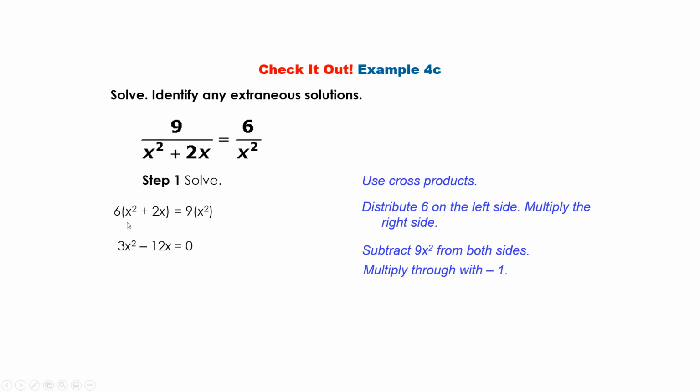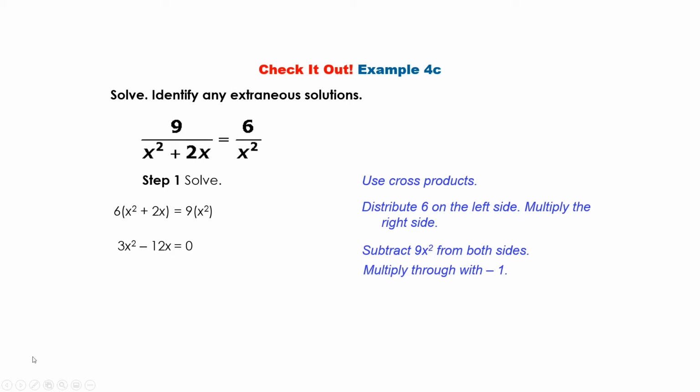Right? Now, as I said, our target is that the x squared on the left side of the equation should be positive. So we have to multiply both sides by negative 1.